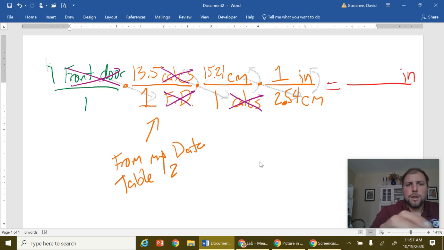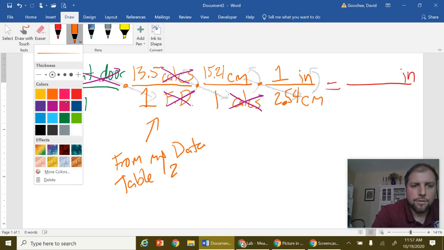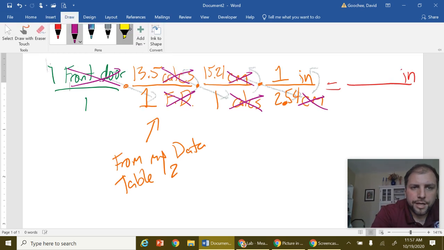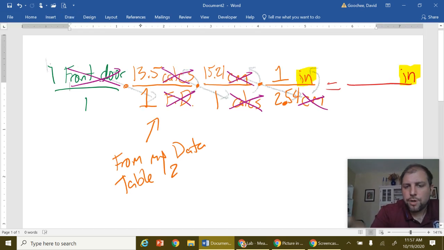Now we have canceled out the unit of centimeters, and we are in inches. And that's the unit that we want. So we are now done with the conversion.